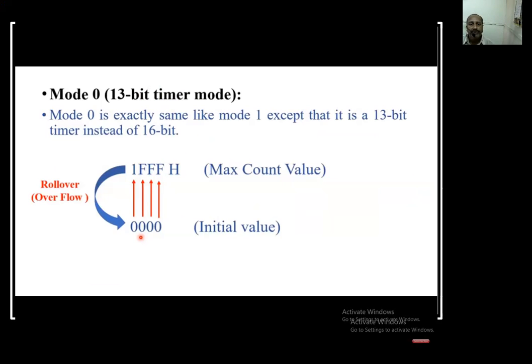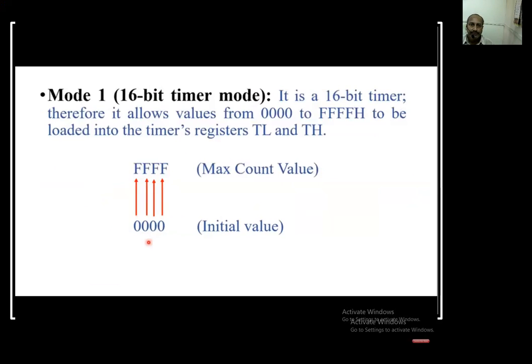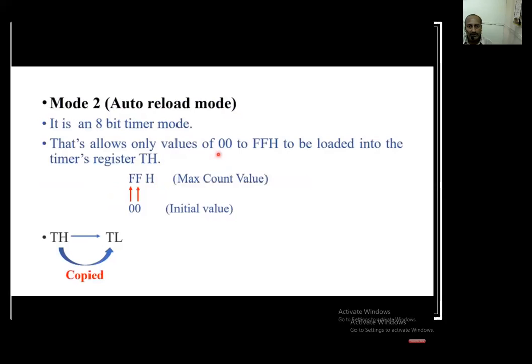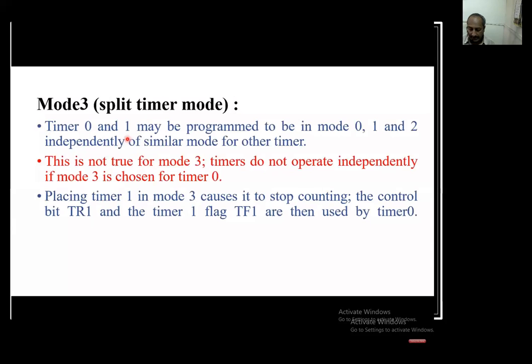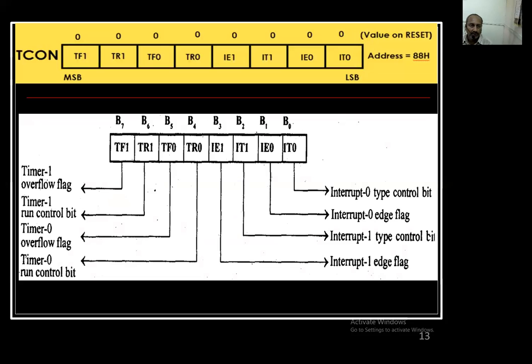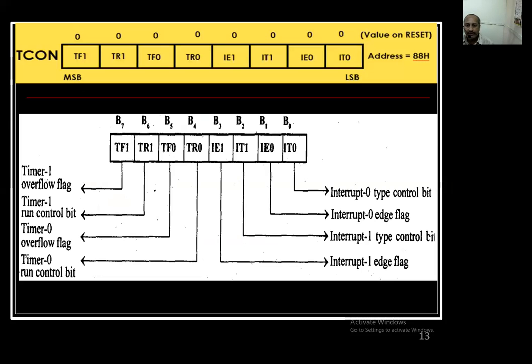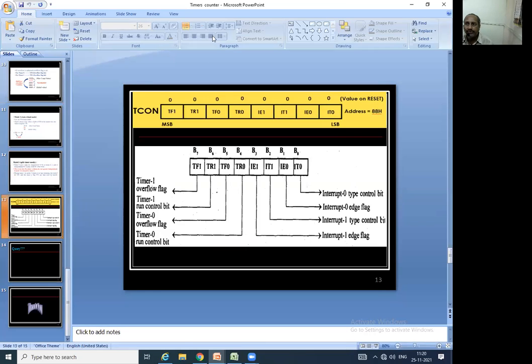That also we have gone through. I hope while facing the ISE, you have gone through all these videos and prepared your own notes also. So this is the TCON register. It was related with the timer. This is what we have seen in the last session.